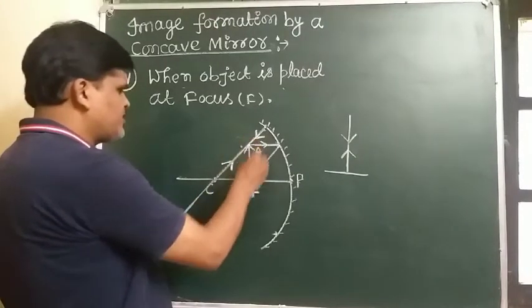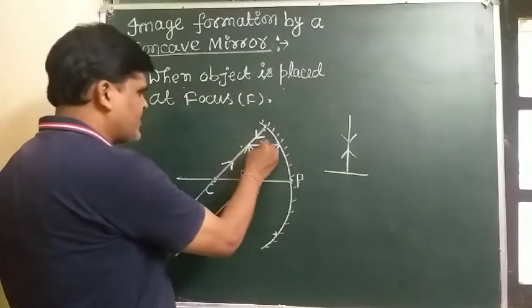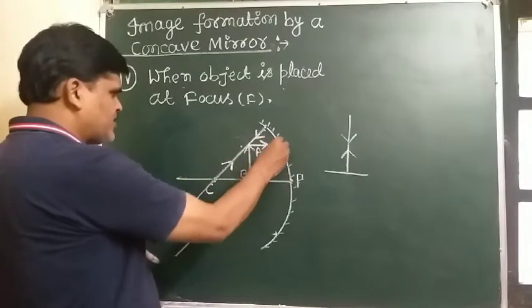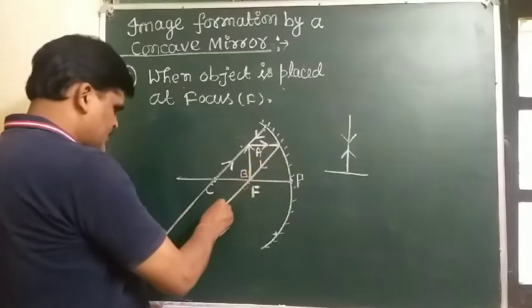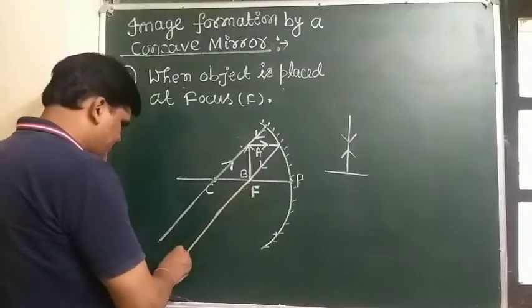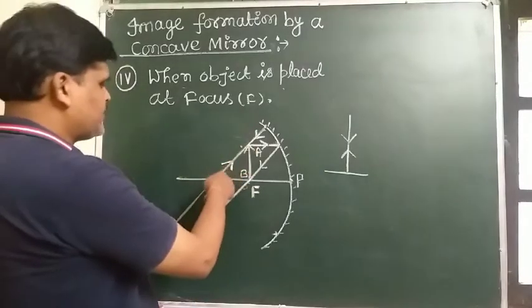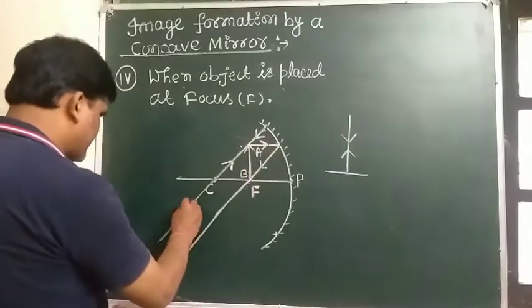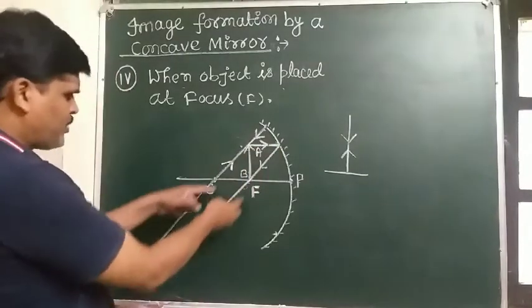So where is the image formed? If a ray is applied parallel to the principal axis, after reflection it passes through the focus. Another ray passes through the center of curvature, and these reflected lights are parallel to each other.